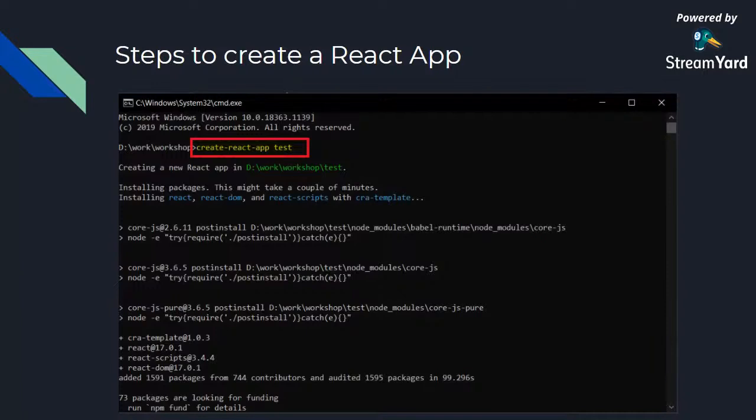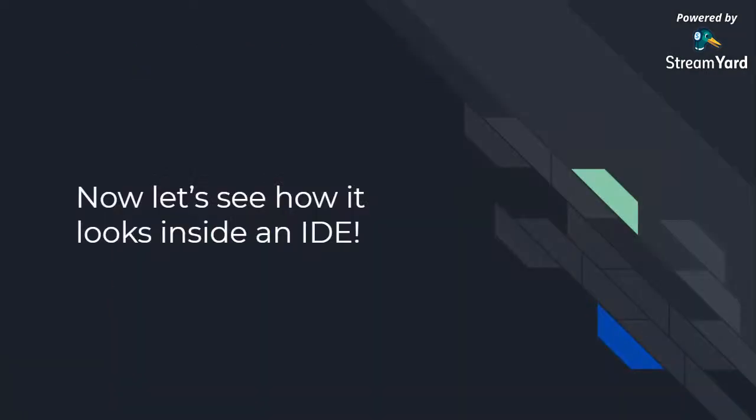So you have a basic structure, and you will be ready to go once this creation is done. I find the Create React App package very helpful for starting React development. So let's see how that project looks in an IDE. All right, let me share that screen with you first.